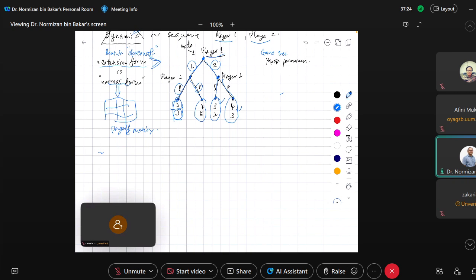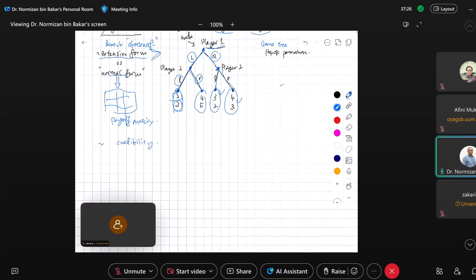We need to know the credibility of the threat. So let's say this is the example of a game of a non-credible threat.